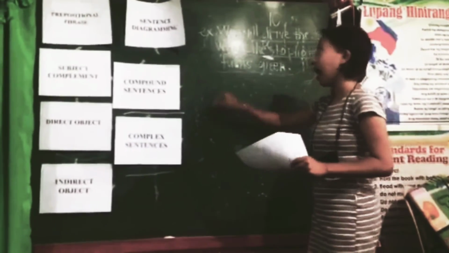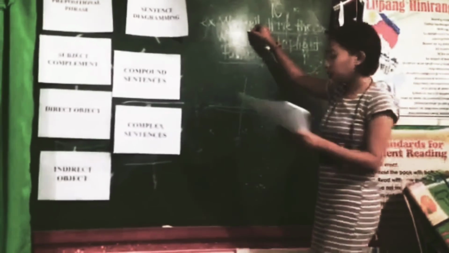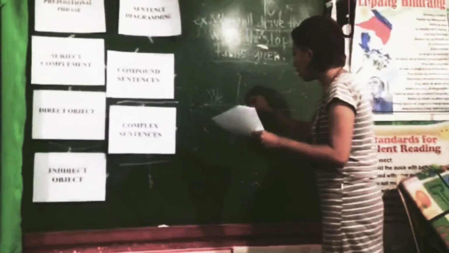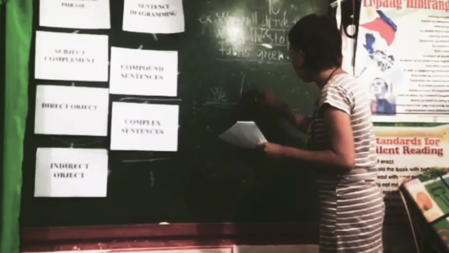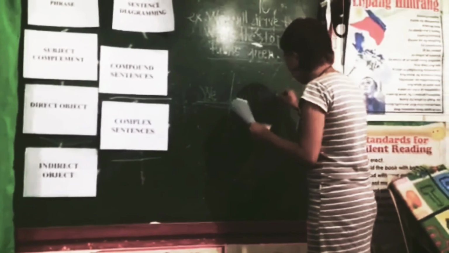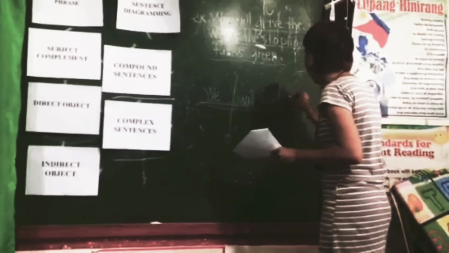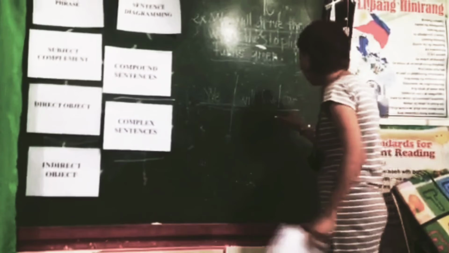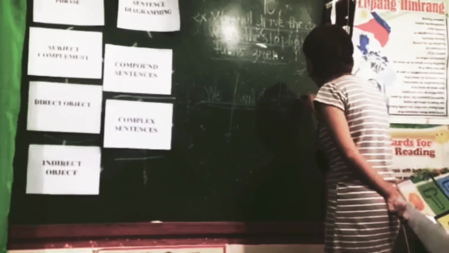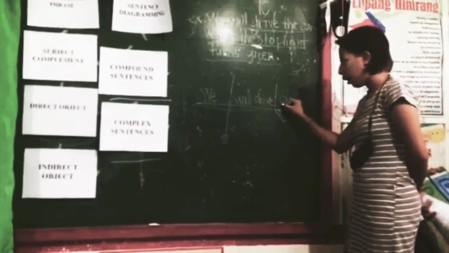Now let us try to diagram the sentence. Horizontal line and a vertical line. We is our subject. Will drive is our verb. And car as our direct object. Now, the is the modifier that modifies car, so we write it underneath the word car.